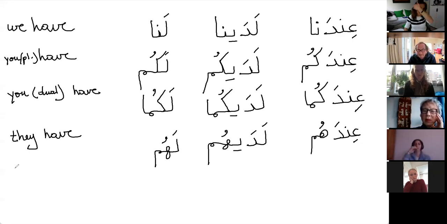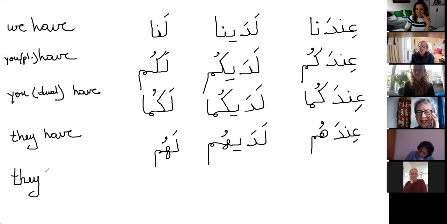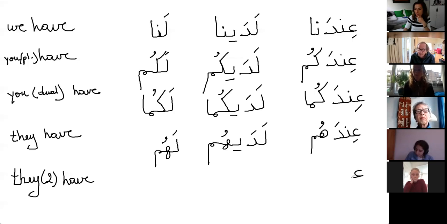And we have they dual, which is what we used in Sami and Mimi. بيتهما. The pronoun is huma. Tell me what this one should be. عندهما. صح.